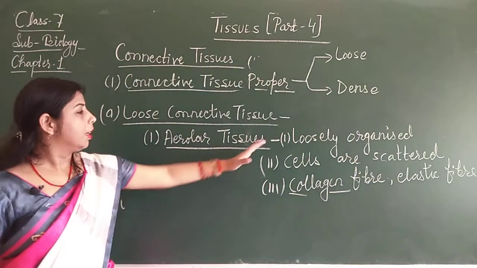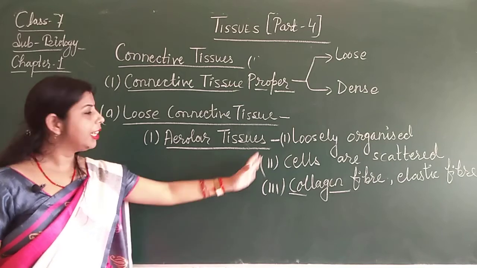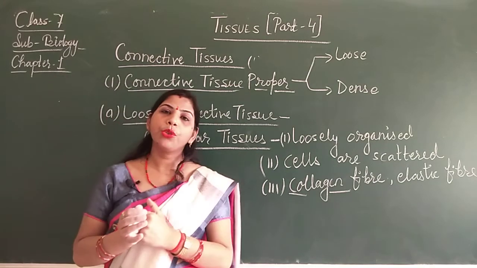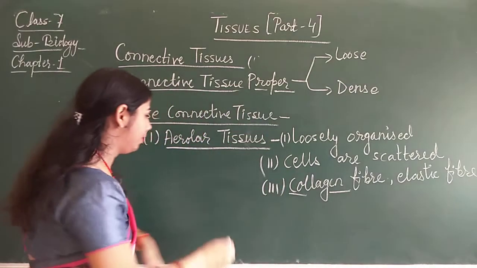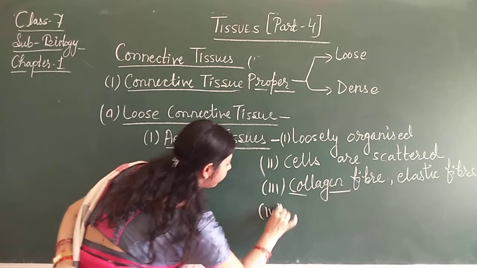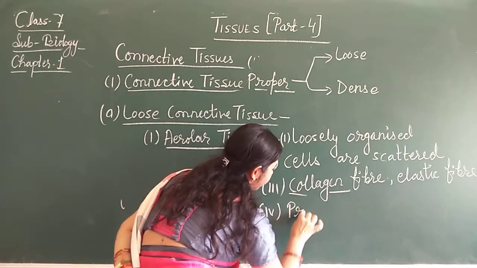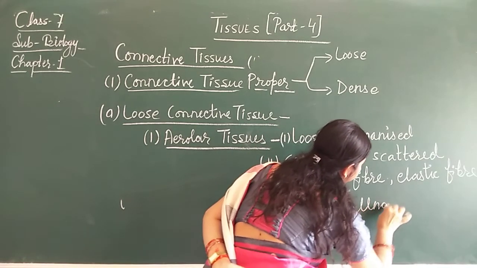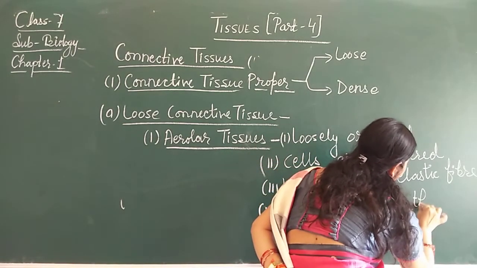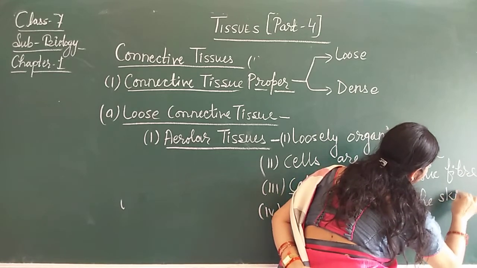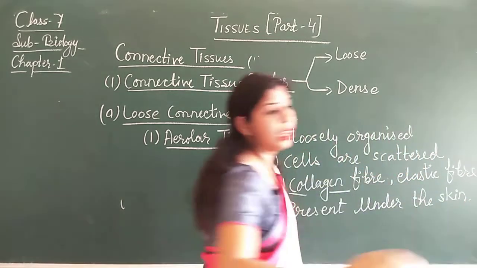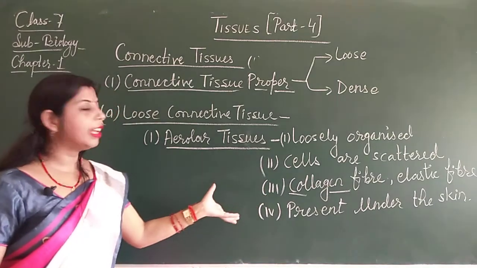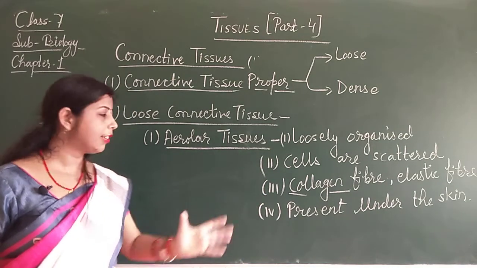Now let's see the location where these tissues are present. These tissues are present under the skin. If these tissues are present under the skin, what is the function of this tissue?